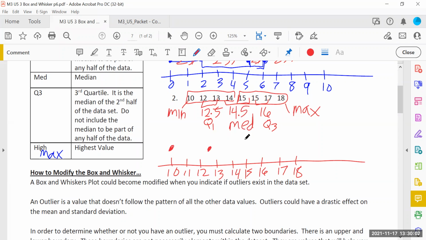Median was 14.5. Q3 was 16. And the maximum was 18. So box goes around the middle 3. Line through the median. And then whiskers out to either side. Does anyone have any questions about how we did that?